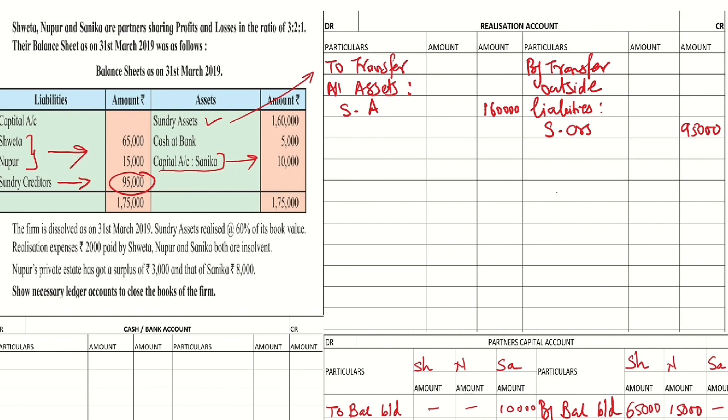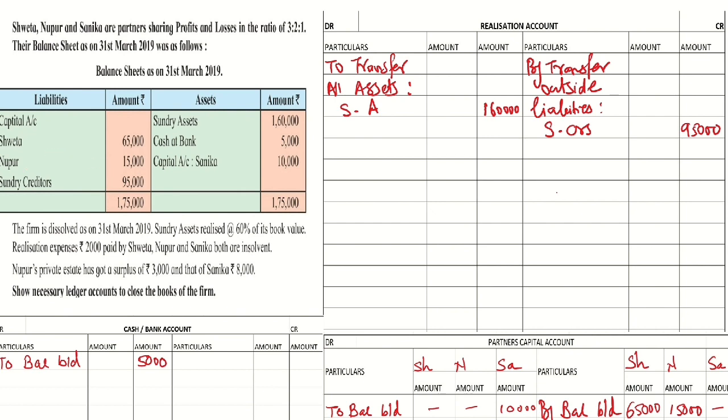One more posting remaining, the opening balance of cash, that is 5,000. Obviously this will post to the cash bank account debit side, to balance brought down 5,000. After posting all the effects from the balance sheet given, now we can start with the adjustments.